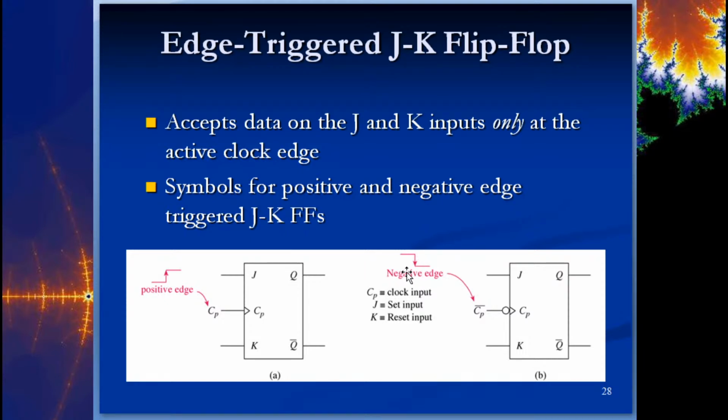You only accept the data on J and K when there's a negative edge. In other words, the clock's transitioning from high to low, or the clock's transitioning from low to high. Okay, so it doesn't get sampled as often, but it prevents some of that noise from getting on the line and causing a disruption in how it operates.